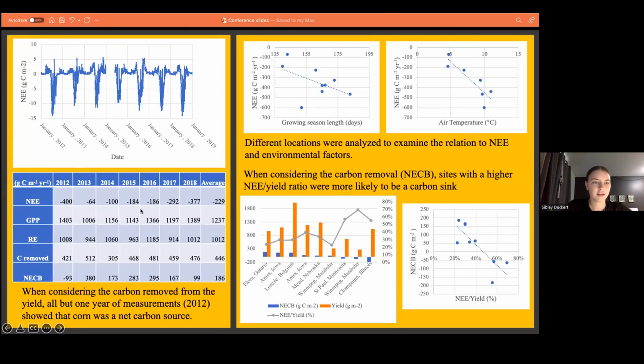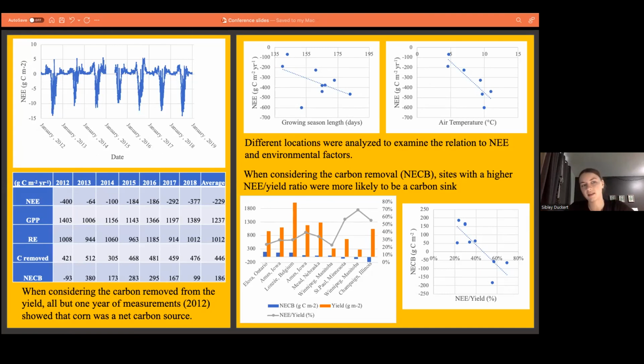So moving on to the next slide here, what we found was that when we considered the carbon removed from the harvest, all years except for 2012 were actually a net carbon source, which is obviously something we don't want. If we look up in the top left corner here, we have a graph depicting the daily net ecosystem exchange of the whole 7 years.